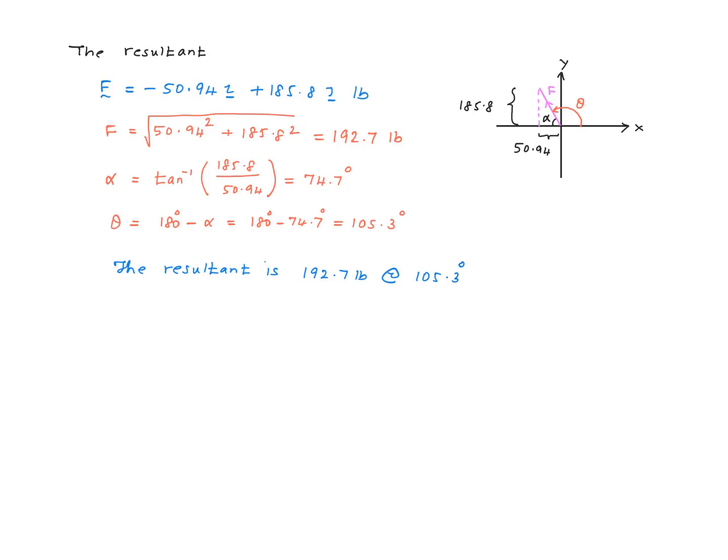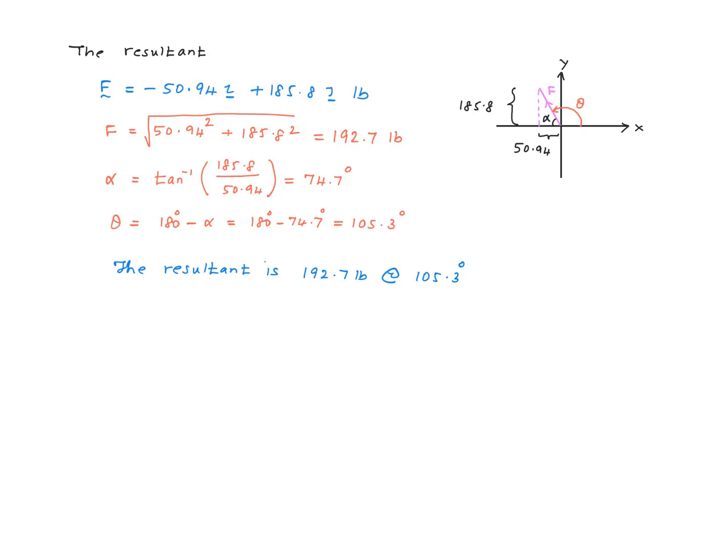To define the direction, let's first go ahead and find this angle alpha. Alpha is tan inverse of the opposite side divided by the adjacent side of the triangle with respect to that angle alpha. So that's 185.8 divided by 50.94, and we get a value of 74.7 degrees for alpha.